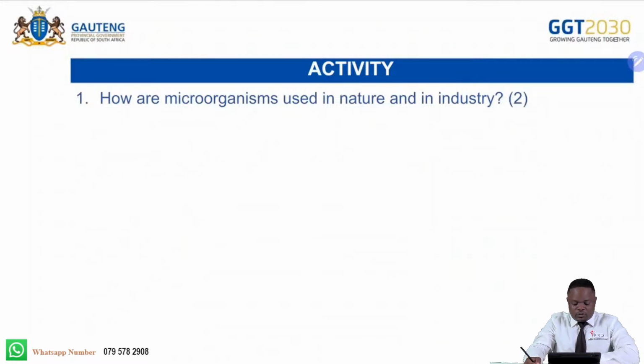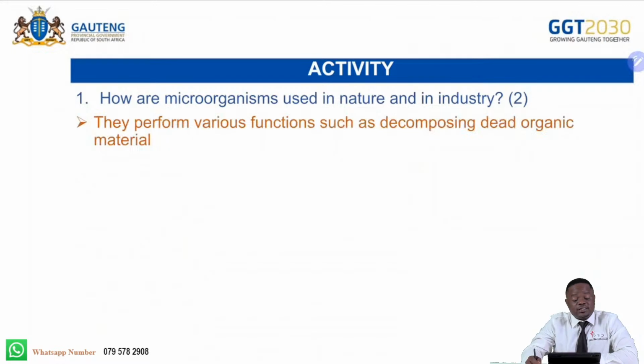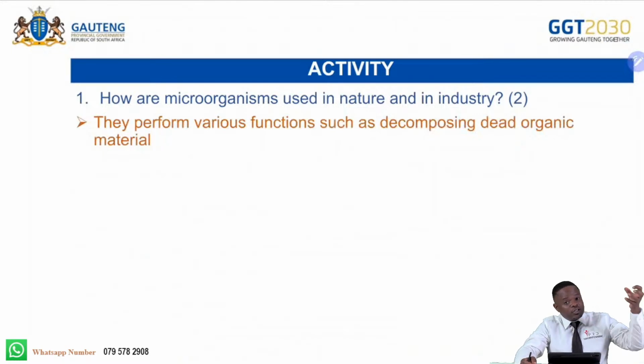So, how are microorganisms used in nature and in industry? Remember, we said in nature they perform various functions such as the decomposition of dead organic material. Importantly, decomposition enables us to recycle the nutrients that were in the consumers or in the plants.